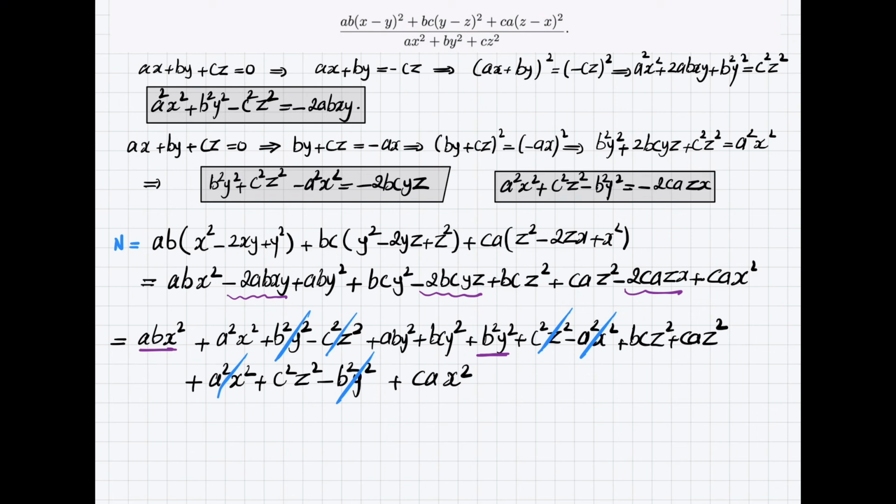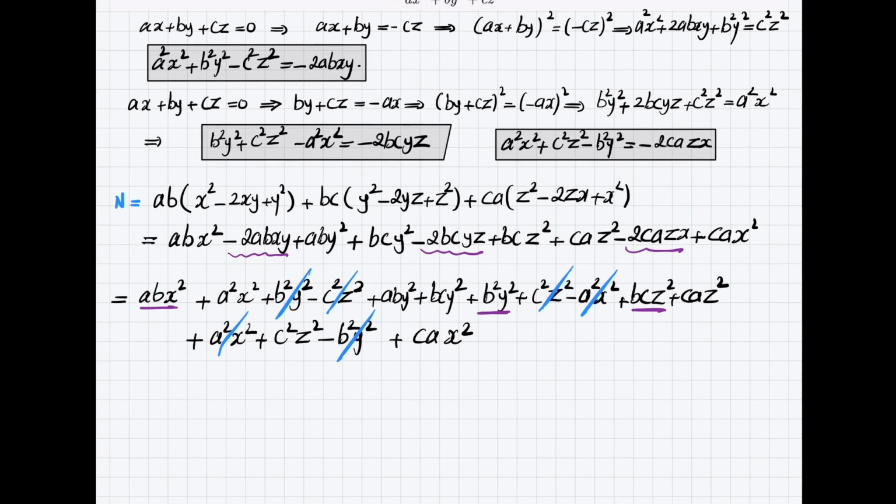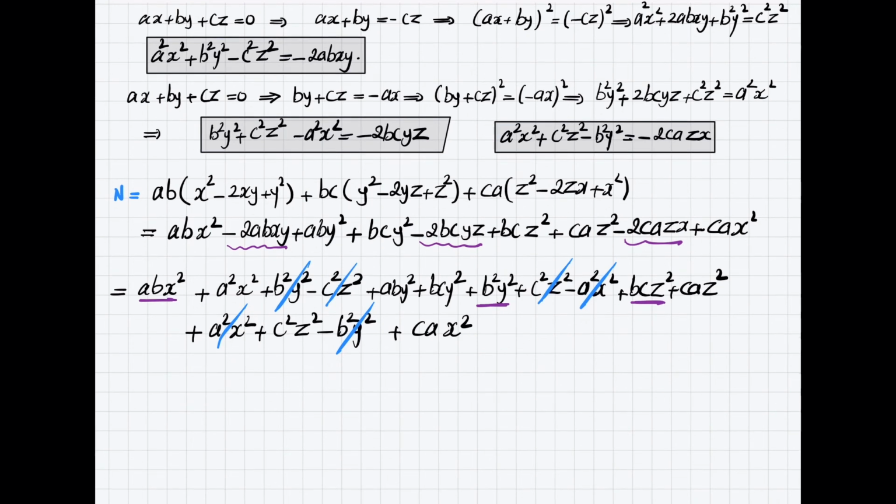Is there any bcz squared? Yes. So between these three terms, let me just factor a b out right now. So this becomes equal to ax squared, and then I will have by squared, and then I will have cz squared. Yes. So between these three terms, I pull the b out.